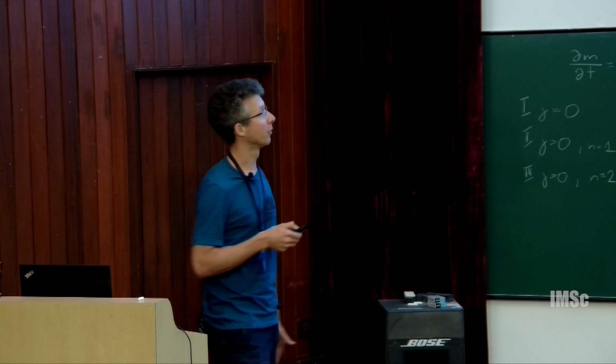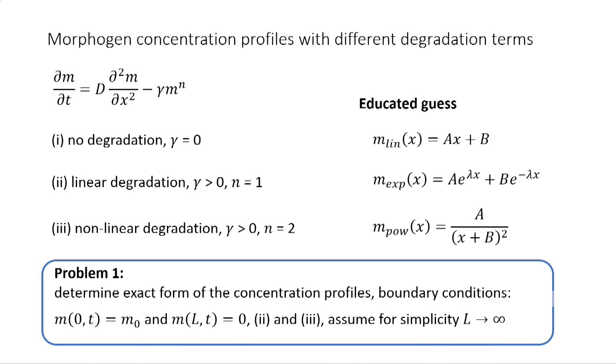but I would prefer here, and it's also the faster way, to make an educated guess about your solution, and then you just check what A and B are. These are some constants, and we will determine them based on the boundary conditions. So the idea is to have a system where at the left boundary there is a source.